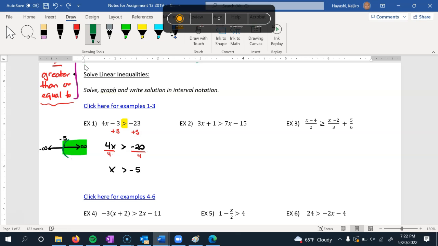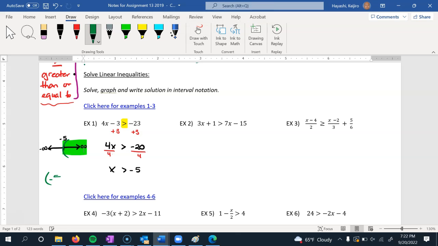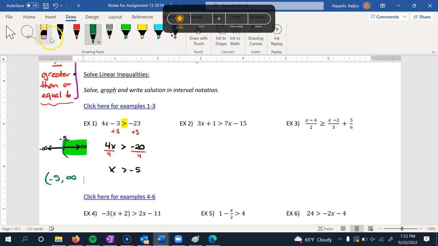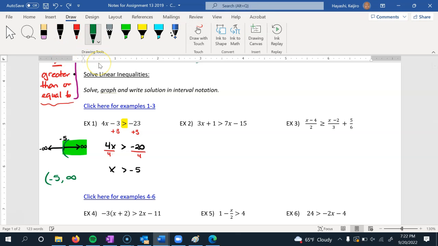A parenthesis. So that interval is a parenthesis, starts at negative 5, goes up to, what does it go up to? Infinity. And should infinity have a bracket? No. A parenthesis.